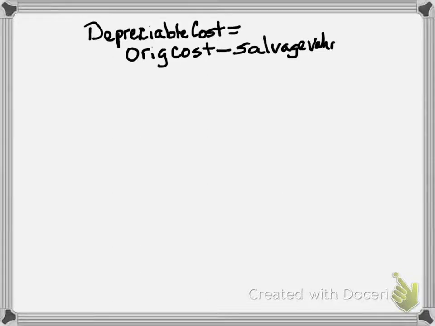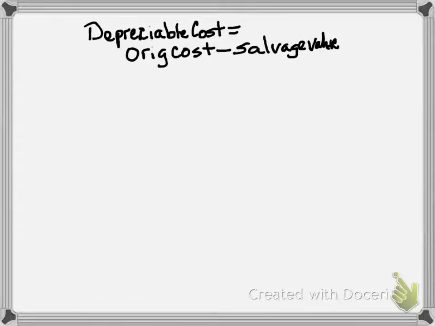And depreciable cost is determined by subtracting salvage value from the original cost. So the original cost minus salvage value equals depreciable cost. That is the amount that we can depreciate.